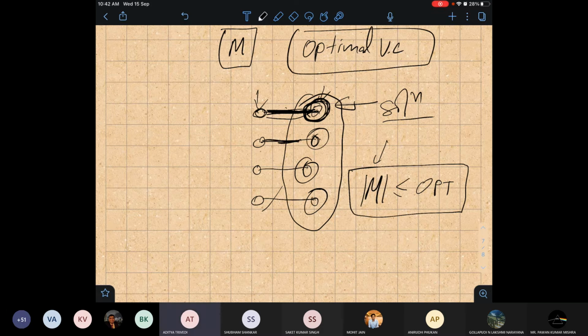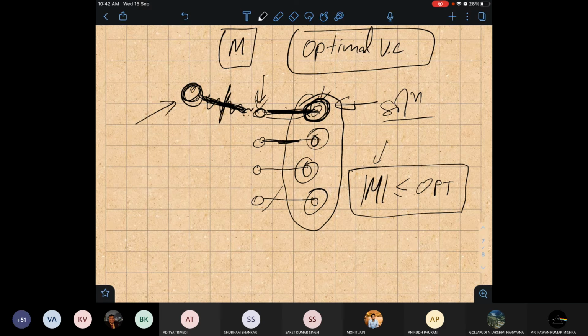Yes, sir. But sir, those vertices are distinct. How can you guarantee? I am saying, suppose there was an edge which I have not considered in my maximal matching. Then also I need this node, or at least one of them, to cover this edge.